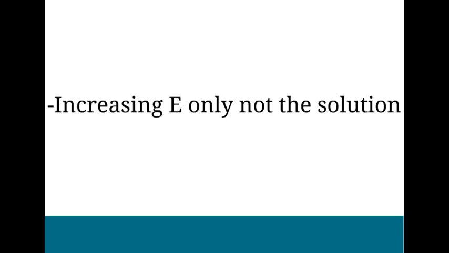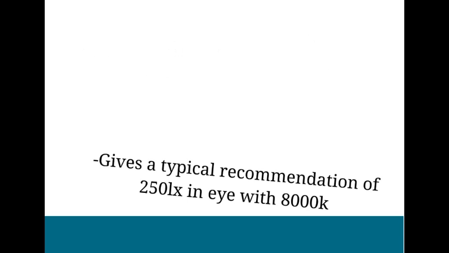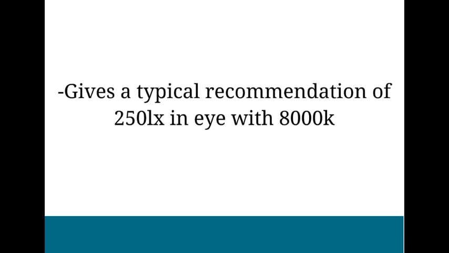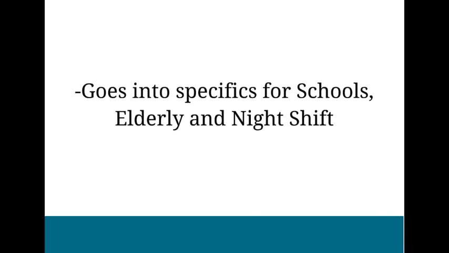There are a lot of other factors, as we've already established when I showed you some of the fundamental research. It gives a very general, typical recommendation. We won't go into the detail here, and it gives some examples of where it's applicable. For example, in schools and night shift work, that's a very clear application.